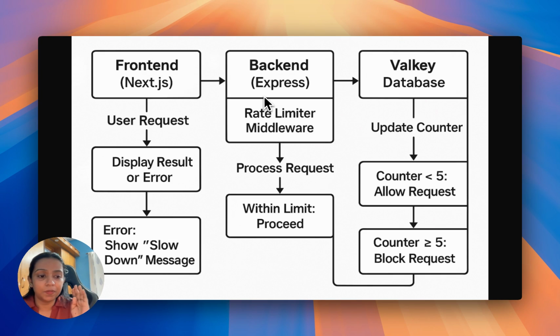And when we are clicking it for 5 times, it gives us a response, or it gives us a joke. But the moment we click it for the 6th time, it tells us that your rate limit has been exceeded and you need to wait for a minute. So for the backend part, where we are making the calls to the API and limiting the number of calls, is where we are using Valkey.